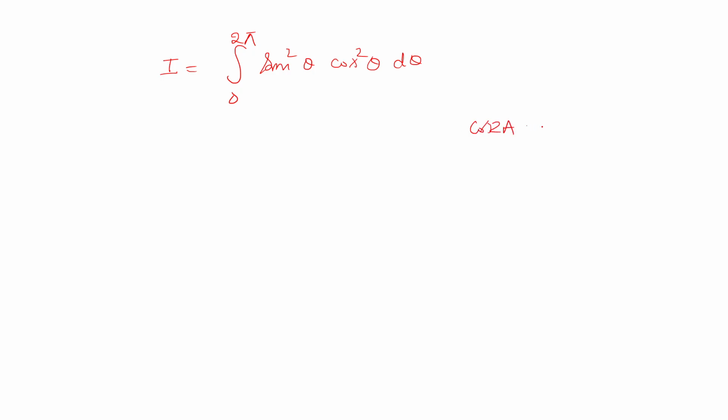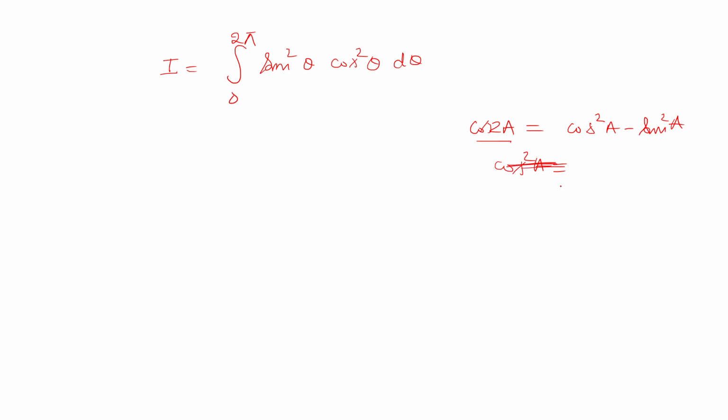cos 2a equals cos²a minus sin²a. This is the cos 2a formula in terms of cos a and sin a.